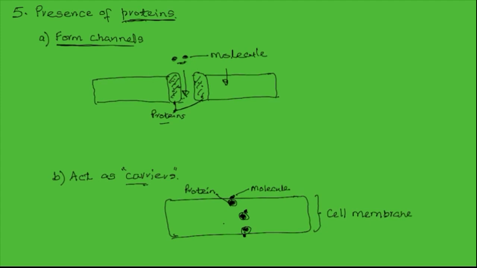So the specific molecules will attach themselves onto the carrier protein, which then moves across from one surface to the other. Upon reaching the other surface, the molecule is released.